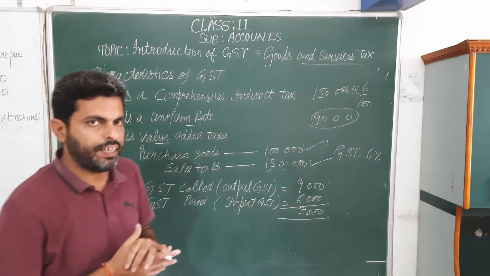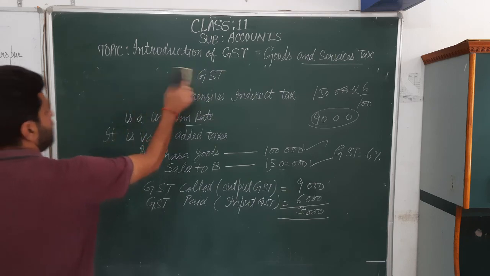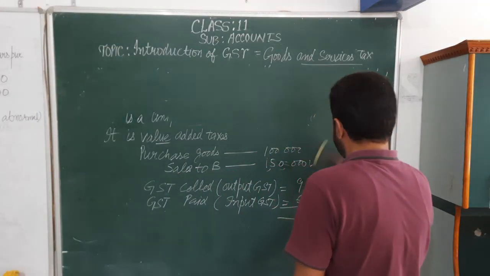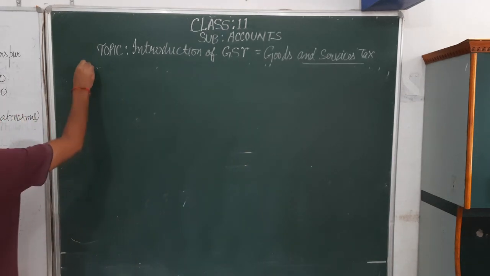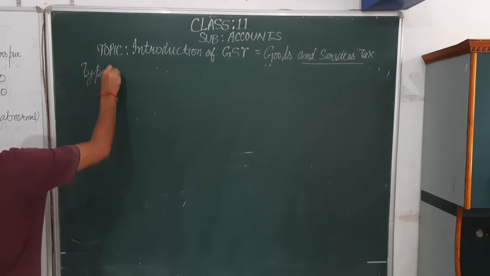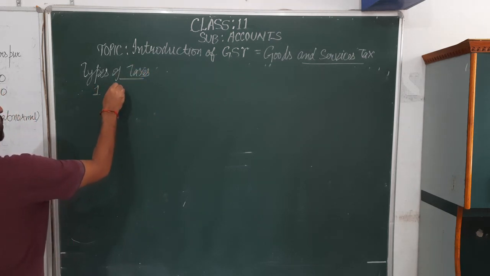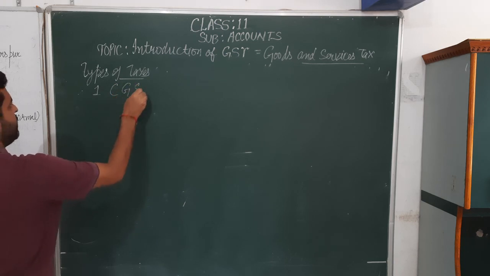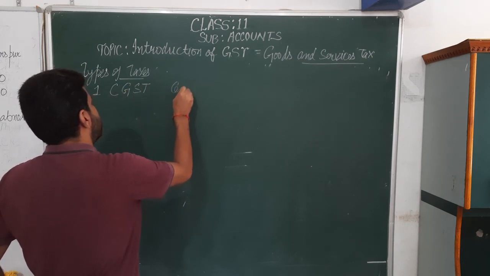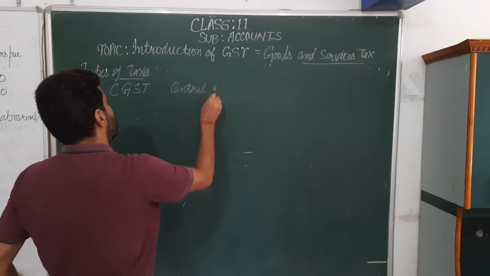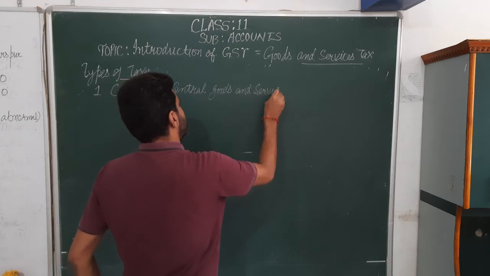Now I will explain the types of GST. Types of GST are divided into two categories: state level tax and central level tax. First, CGST means central goods and services tax.